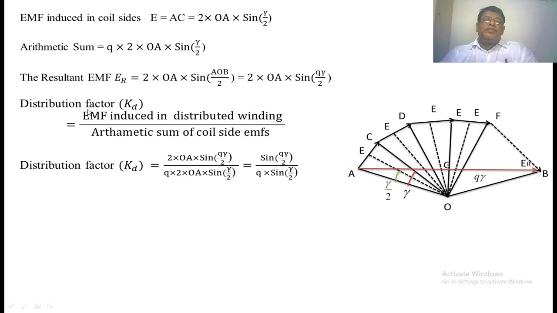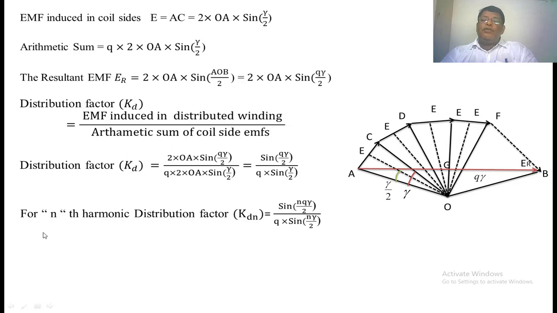Now the distribution factor KD equals the EMF induced in the distributed winding divided by the arithmetic sum of the coil side EMFs. Already we know these two values. Substituting them, we get sin q gamma by 2 divided by q sin gamma by 2.